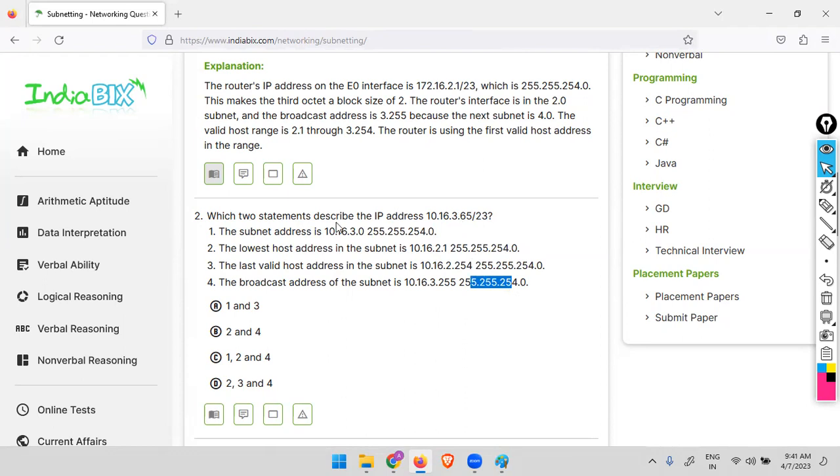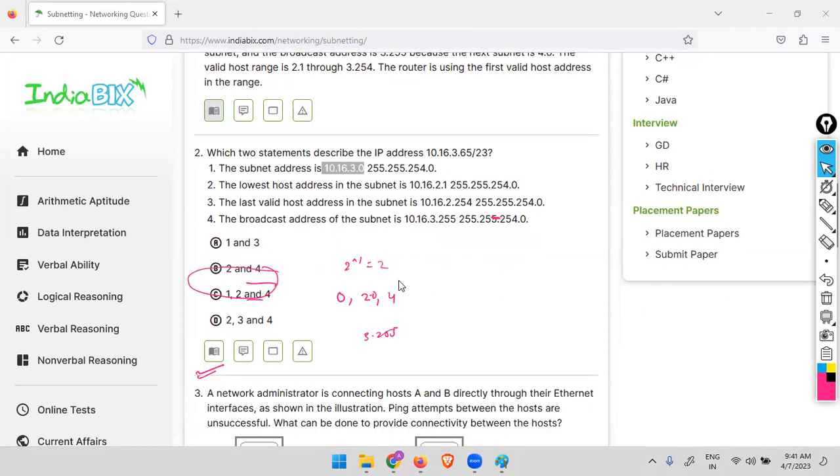Then second, we need to check whether the network ID is this. Again /23. Just go to the previous calculation: 0, 2, 4. The address is 3.65. According to this address, the network ID should be 2.0, so the first statement is not correct.